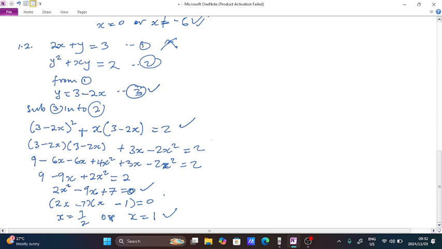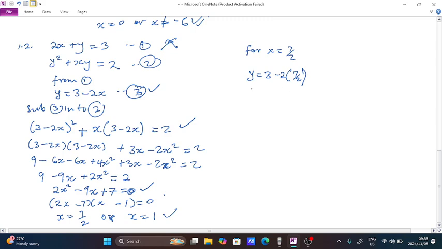Now we're going to take these two values of x and substitute there. Now when you say for x equals 7 over 2, what do you get? You say y equals 3 minus 2 into 7 over 2.